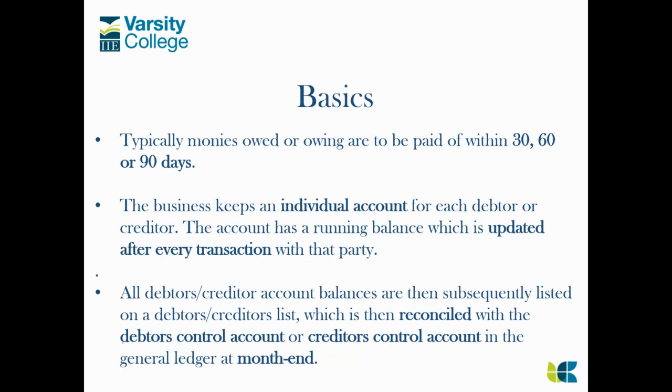Now, these two things right here, we've seen before, and we've actually been playing around with. The debtors control account is a summary of all of the individual debtors that I had. Does that make sense? So if I want to see how much money is owed to the business in total, I'd look at the debtors control balance.